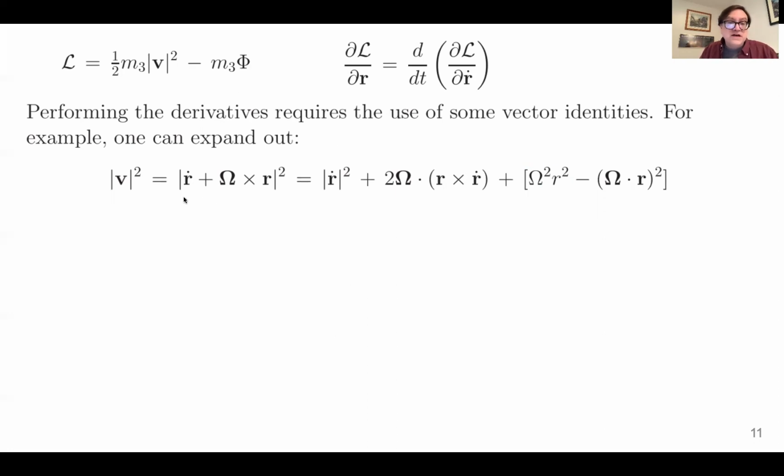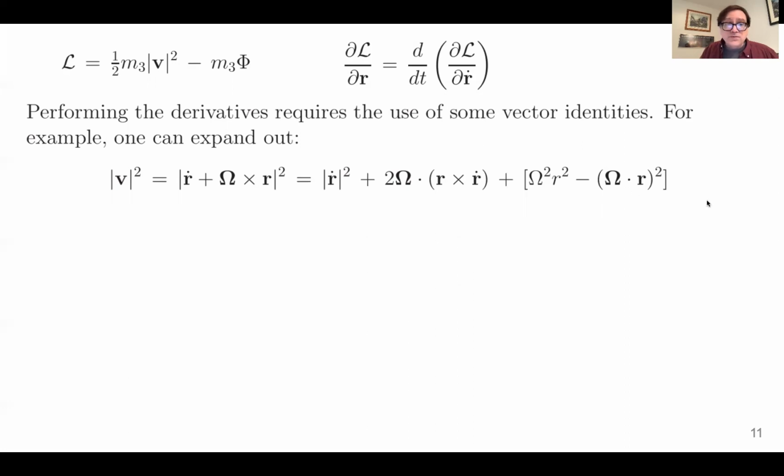The changes with respect to the rotating frame and then the motion of the rotating frame itself. This magnitude squared is really going to be a vector dotted into itself. So it contains a whole bunch of different terms, in products and a sum, and we can use some vector identities to transform them a little bit.